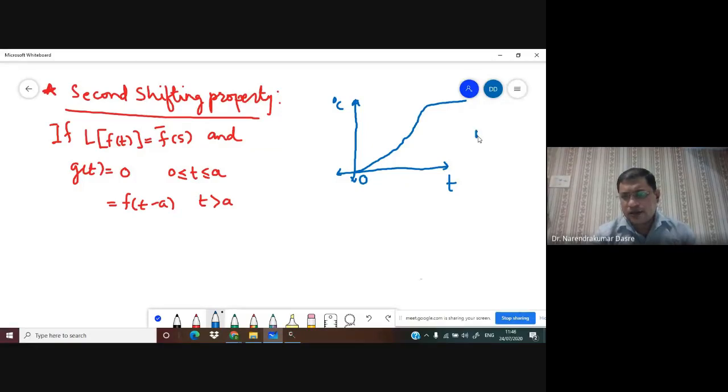This is the water that we are heating. We have 0 degree water, and we started heating it. The temperature goes on rising, and then where will this stabilize?